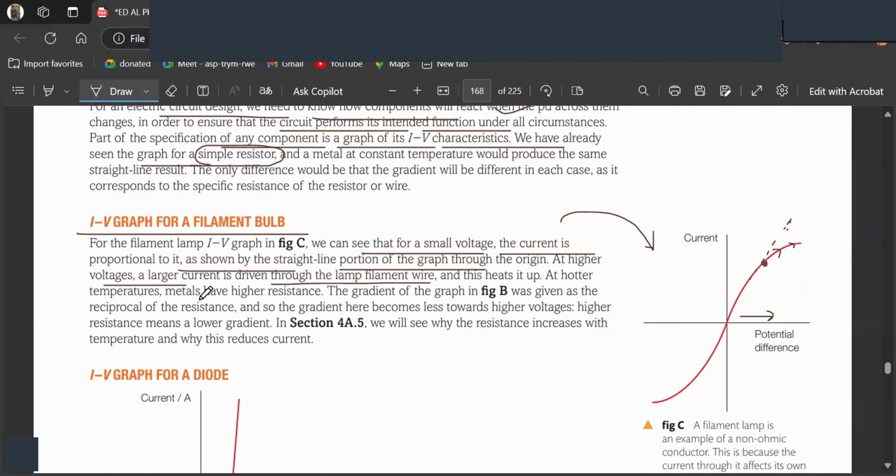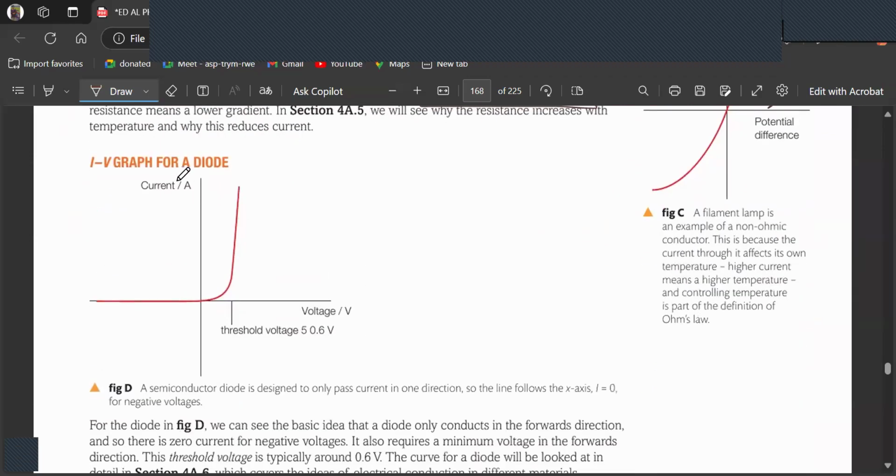At hotter temperatures, metals have a higher resistance and the gradient was given off as reciprocal of the resistance. So the gradient becomes less towards higher voltage. Got it? ये आपके पास किसका हो गया फिर? Filament का.